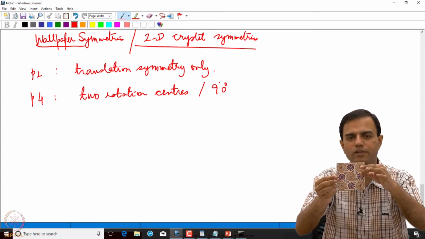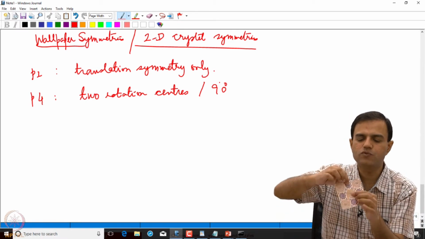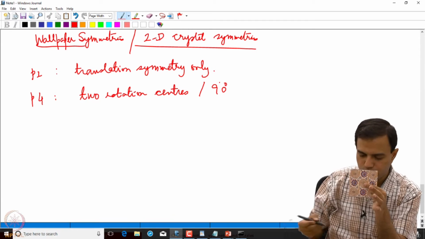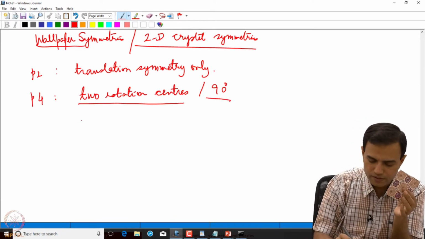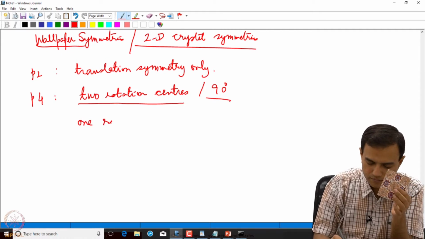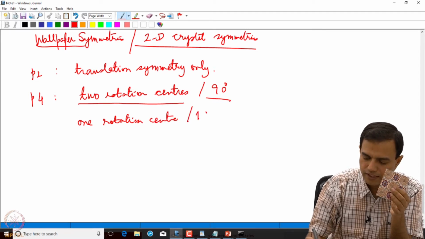Again you get a symmetry. So there are two centers, this one and this one. Both are rotation centers of 90°. And then there is one rotation center which is of 180°.